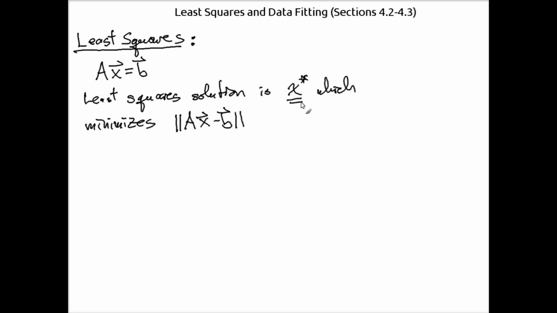And everything that we've just said gives you a formula for this. I'll just state it. We've basically said it already. X star is precisely (A transpose A) inverse A transpose b.